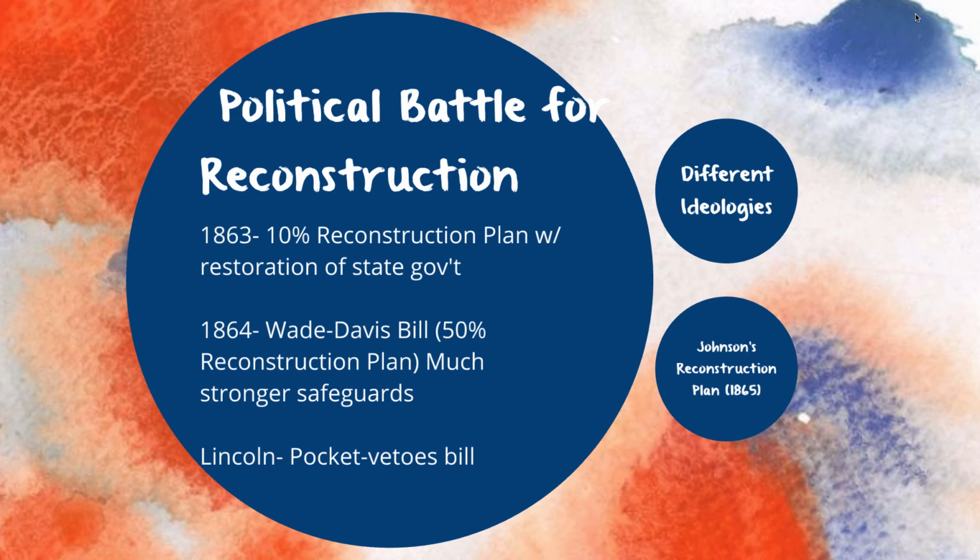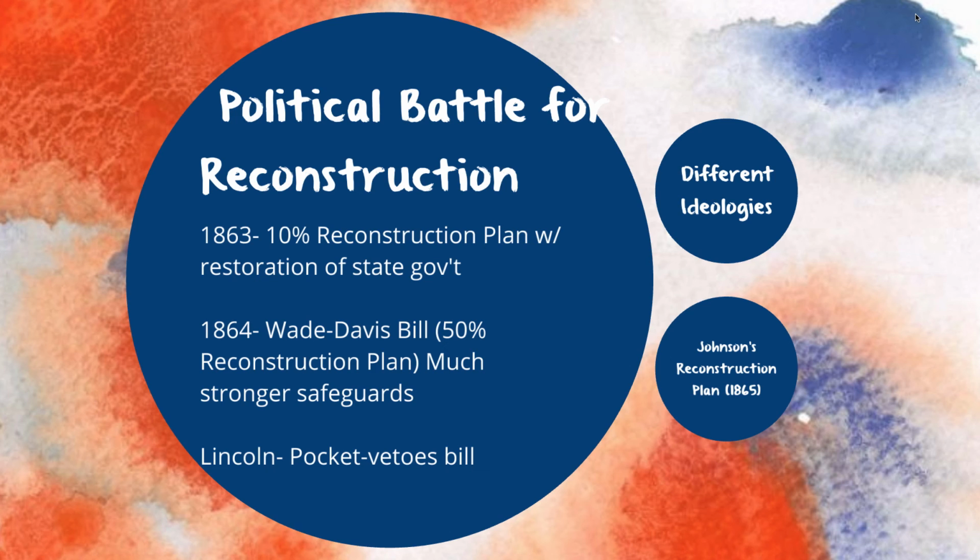One of the things about Lincoln is that he never really wanted to accept that the southern states had seceded. To him, they were in rebellion. And so he wanted to come up with an easy, pragmatic way of ending the war and bringing back these states. His plan for Reconstruction is known as the 10% plan.